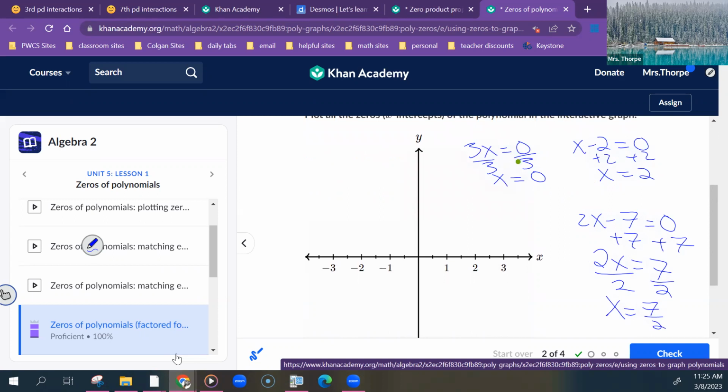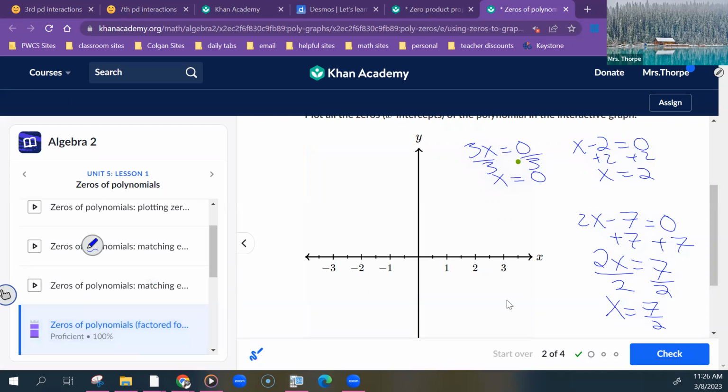So then we need to plot those 3 zeros on this graph. So we know one would be at 0.